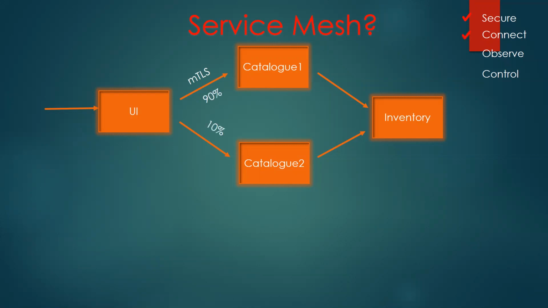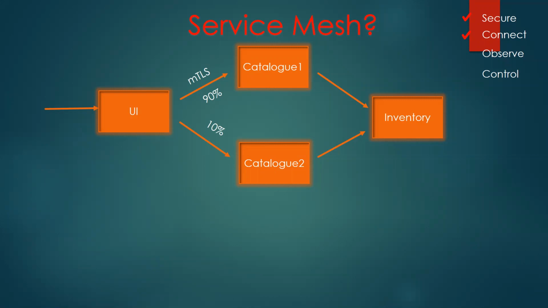The next one is they want to dynamically configure how the services are connected to each other. In this example, there is a catalog 1 and catalog 2. If we want to send 90% of traffic to version 1 and 10% to version 2, the service mesh will be useful in this case also. And we can add a retry also, which was not there in the simple Kubernetes cluster.